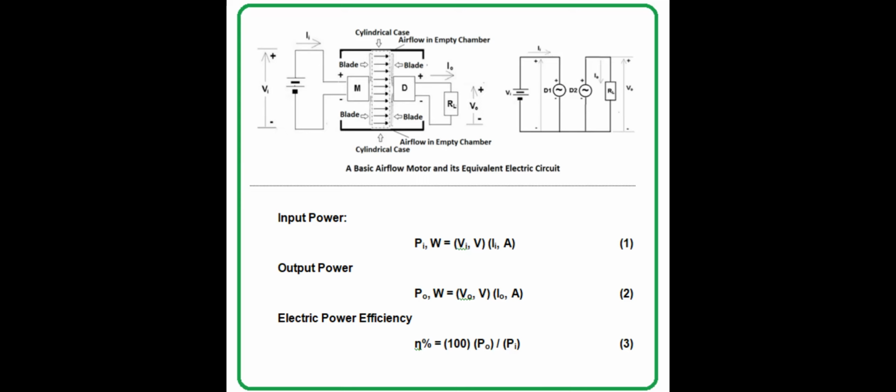And the electric power efficiency of the machine is defined as efficiency in percentage is equal to 100 times P0 over PI. That's equation 3. We will be using equations 1, 2, and 3 in this video and future ones to calculate respectively the input power, the output power, and the efficiency of both the air motor and the 24/7 wind farm.